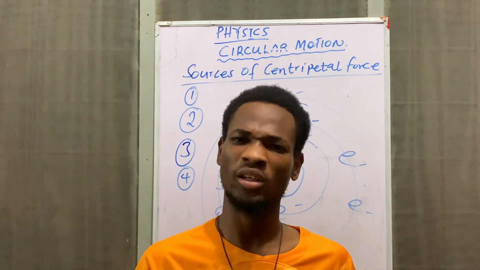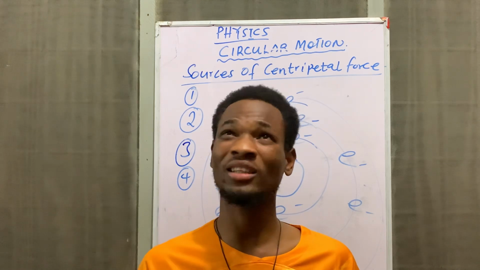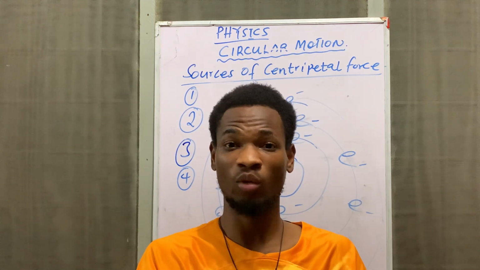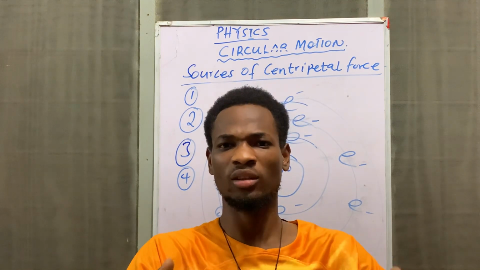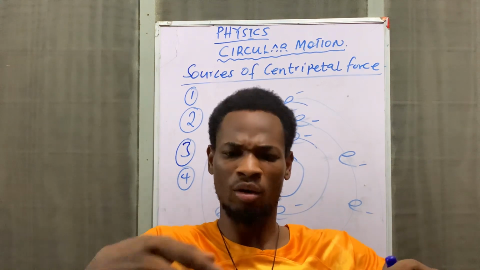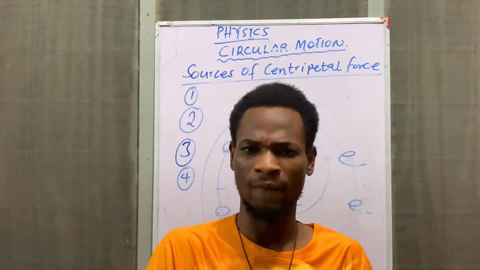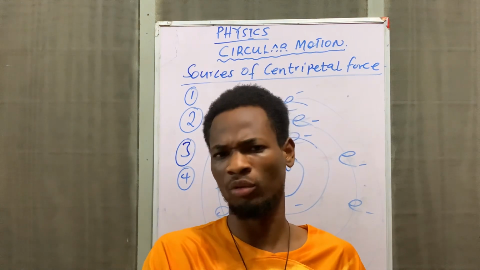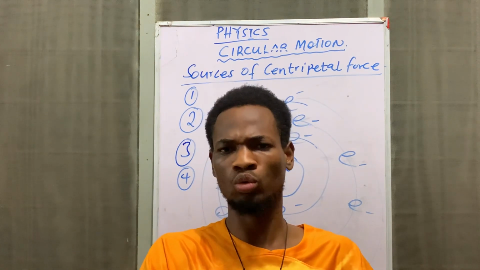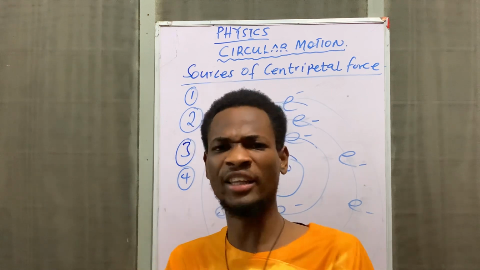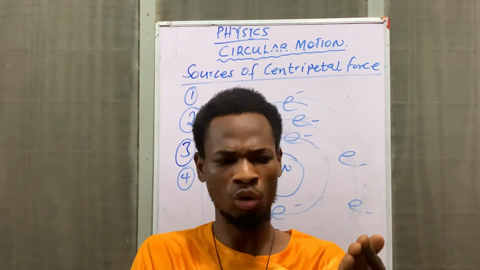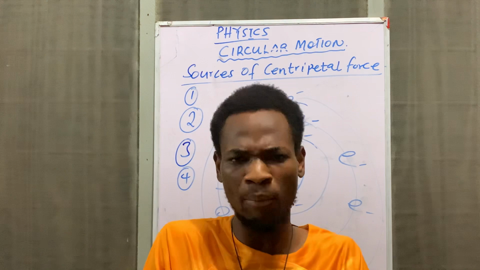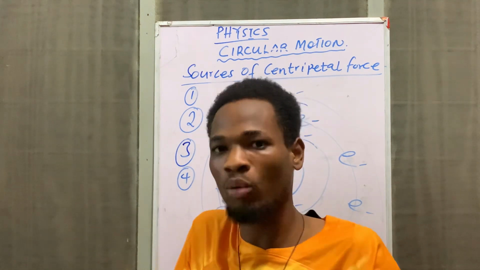Please, are you okay? You can consider a lot of examples. Let's say you have a charged body, or you introduce a charged body into a magnetic field. You know that whenever a charged body enters a magnetic field, the charged body will be deviated, or it will assume a semicircular path or a semicircular bend.